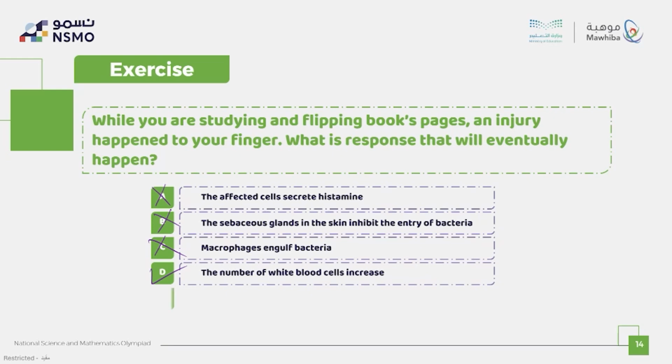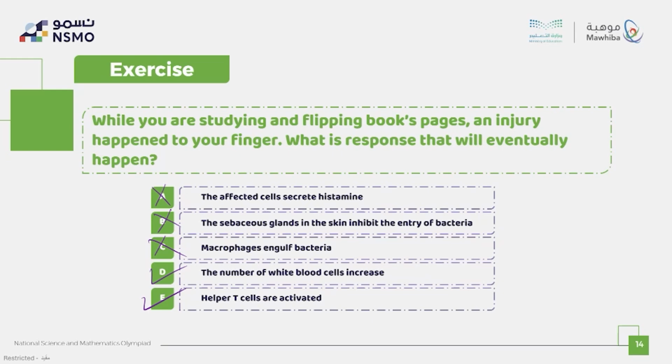And also, yes, I forgot that one. Helper T cells are activated. And also that one is right? Why is it right? Because helper T cell activation happens mainly in specific immunity, not typically the immediate response to a small finger cut. So D is right, and E, it's not right.